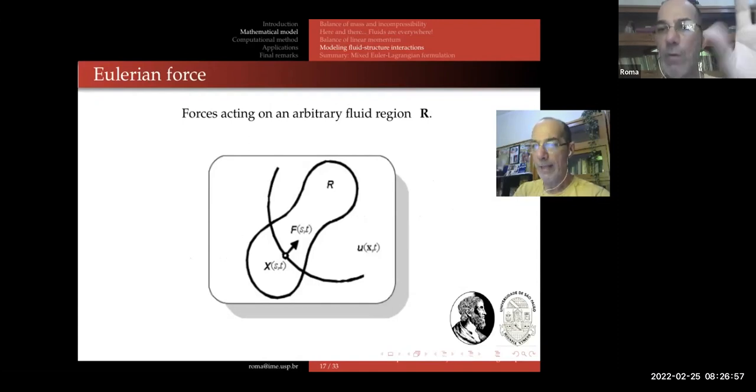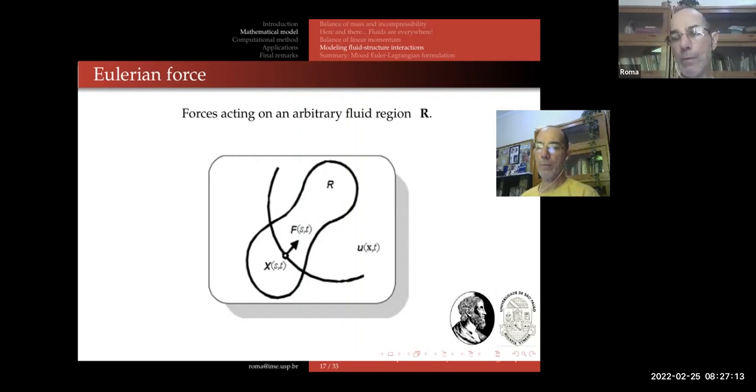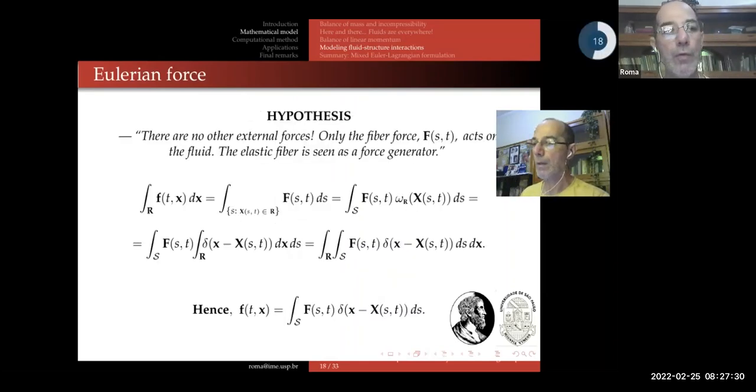Now let's make some observations and take into account all the forces that act on the fluid inside that region R. I want to learn what happens with the fluid inside that region. I will compute the resultant force just inside that region.